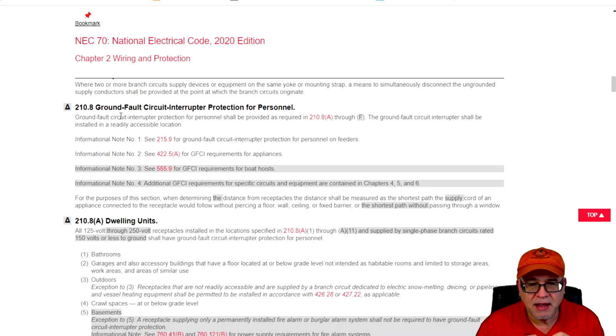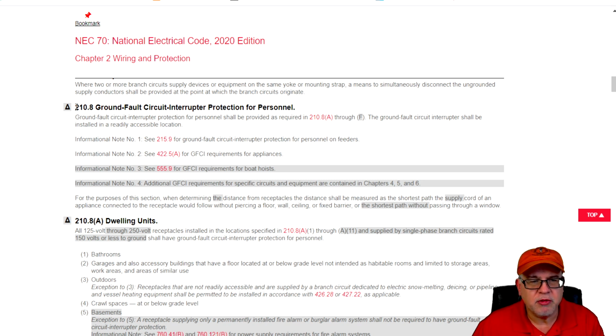We obviously have a B, C, D, E, and F, very independent of themselves, but what we're going to focus on this episode is 210.8(A), dealing with dwelling units, and the significance of not only the change, but what took place here in the 2020 edition.